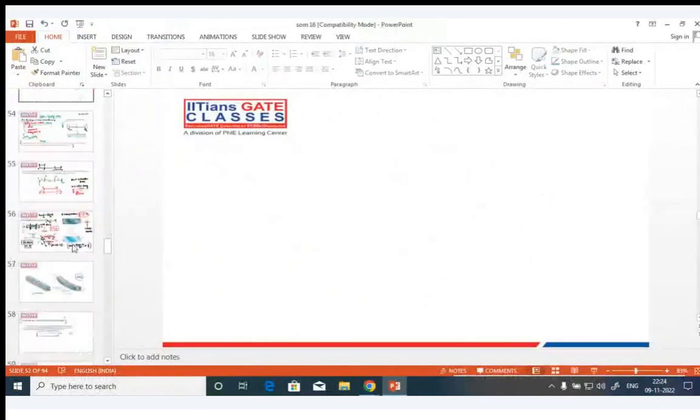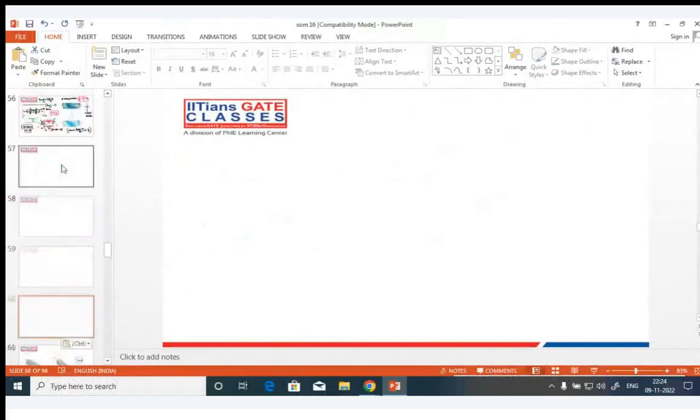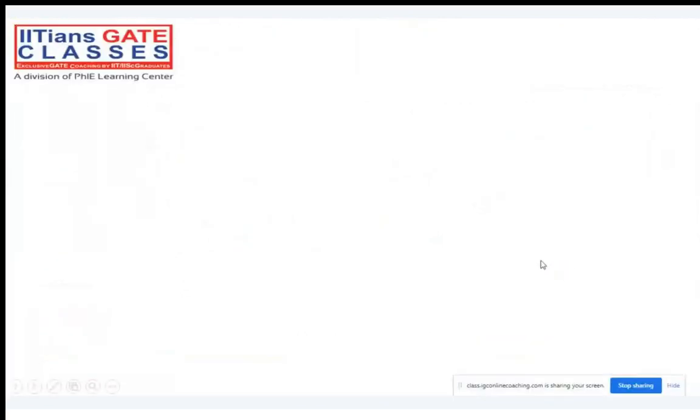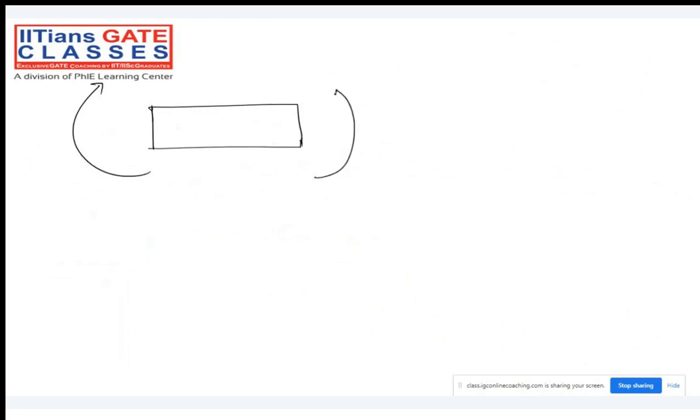Let me write that. Now note down what I'm telling you. This particular part of the beam is being subjected to bending. For example, a sagging bending moment has been applied. Because of the sagging bending moment, the top fiber will be compressed and the bottom fiber will be elongated. But how the compression and elongation happen is decided by one line, for example, this neutral axis.